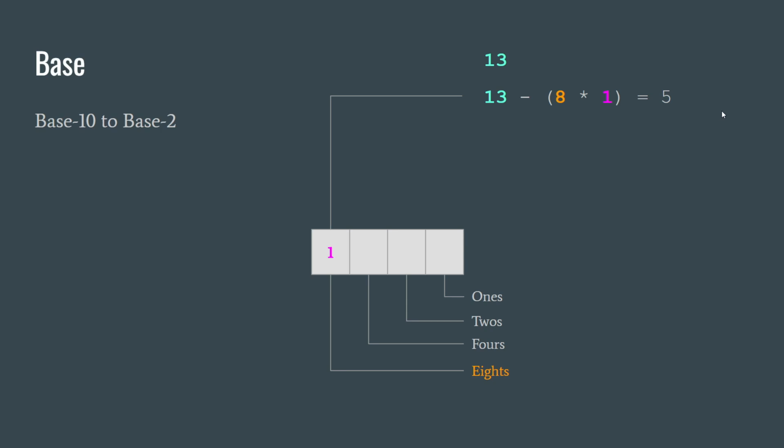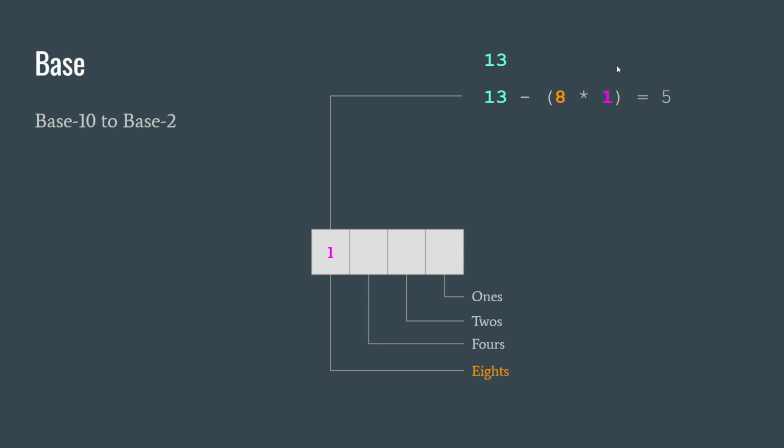And in this example, I'm starting with the 8's place. So how many 8s go into 13? The answer is 1, right? Before it goes negative. If it was a smaller number, say 7, it would go 0 times, and you'd put 0 in the 8's place.